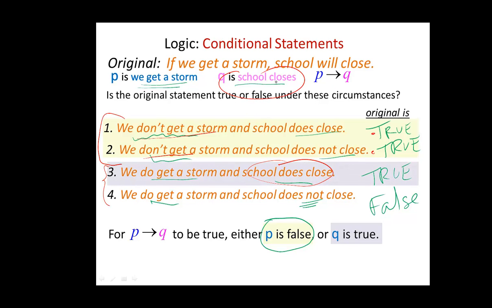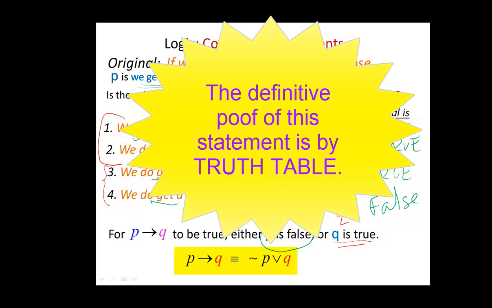So either P is false, that's where we didn't get the storm, or the conclusion must be true. Now we're going to rewrite that. If P is false, then that means not P is true. And here we have Q is true, so look what we have. P implies Q is logically equivalent to not P or Q.